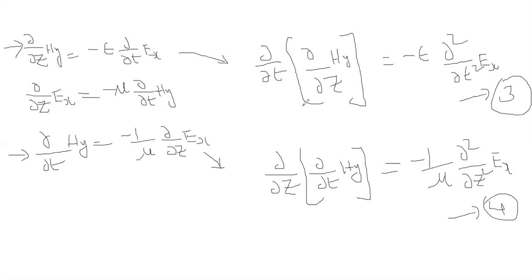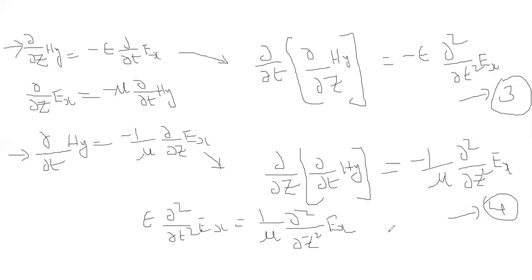Now as you can see, these two equations in the left hand side both are equal: dou by dou t, dou by dou z into Hy. Now equating these 3 and 4, the right hand side, minus into minus gets cancelled. Epsilon dou square by dou t square Ex is equal to 1 by mu dou square by dou z square Ex.